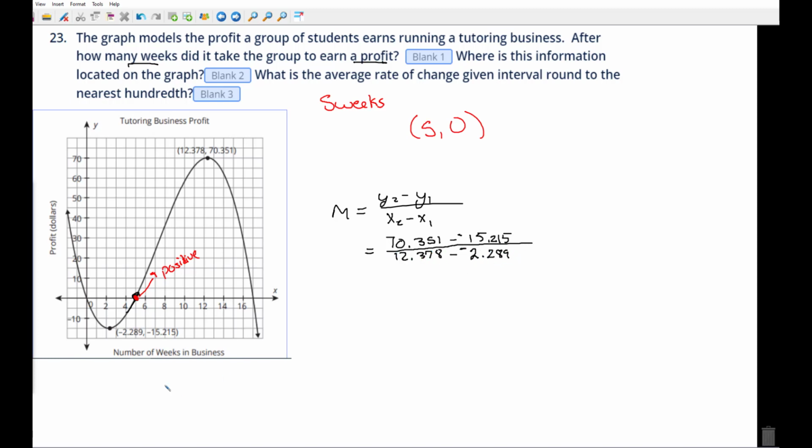And divide those, and don't forget that if you use the control and the division bar, it can create that division bar without you having to work extra. And so when you divide those, you end up with a positive 5.83.